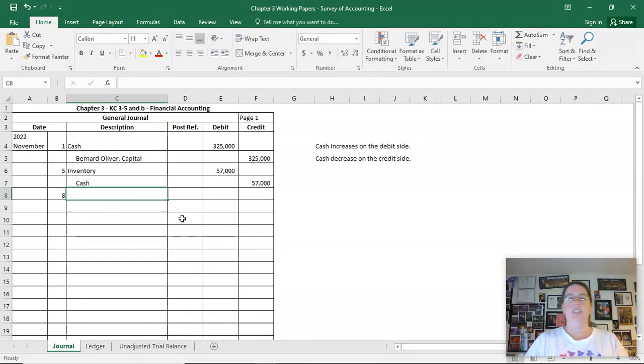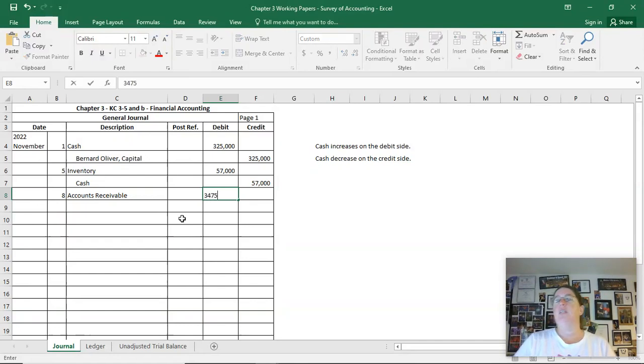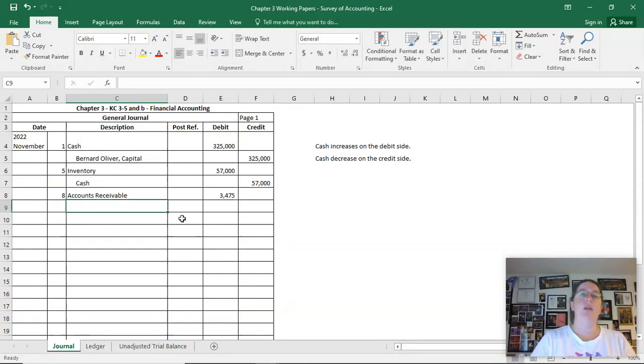So let's look at the first transaction. First we need the date. The first part of the transaction is that we sold merchandise on account, not for cash. Whenever we sell something on account, we're going to use our accounts receivable account. This is what we use to keep track of the amount of money people owe us. It's receivable.